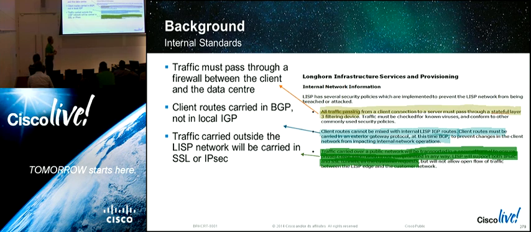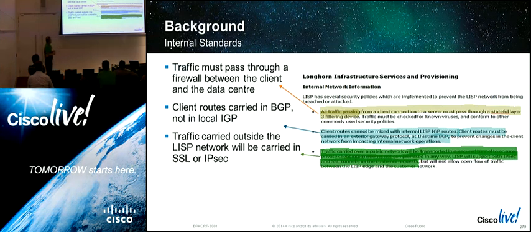Client routes can't be mixed with internal IGP routes. Clients are carried in an exterior gateway protocol, which is currently BGP, and this prevents clients from impacting internal network operations. So they separate their infrastructure from your routing infrastructure, right?